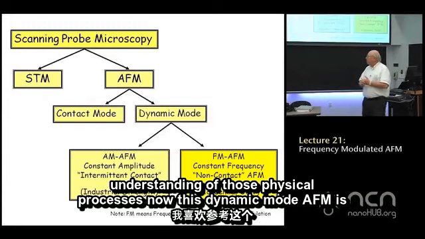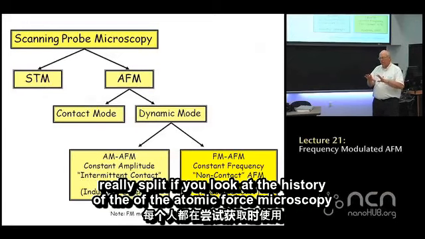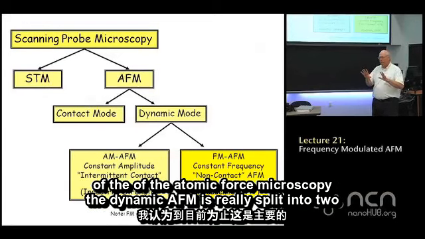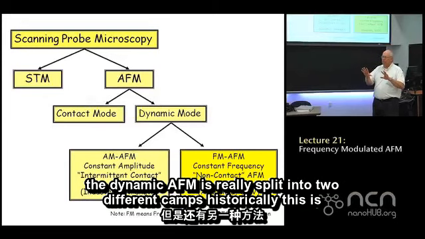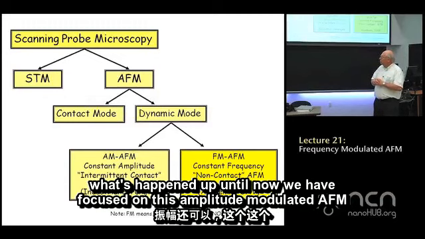Now, this dynamic mode AFM is really split. If you look at the history of atomic force microscopy, the dynamic AFM is really split into 2 different camps. Historically, this is what's happened. Up until now, we have focused on this amplitude modulated AFM.